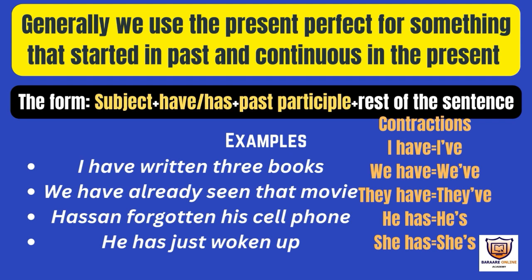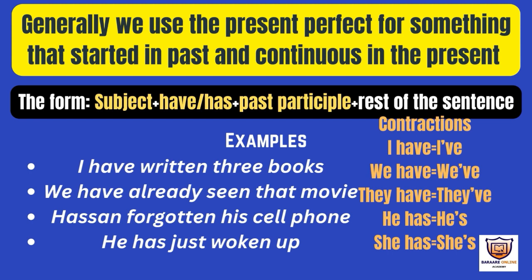Plus the past participle, which is the third form of the verb. The first form is the present, the second form is the past, and the third form is the past participle. So plus the rest of the sentence, which is most likely the object.